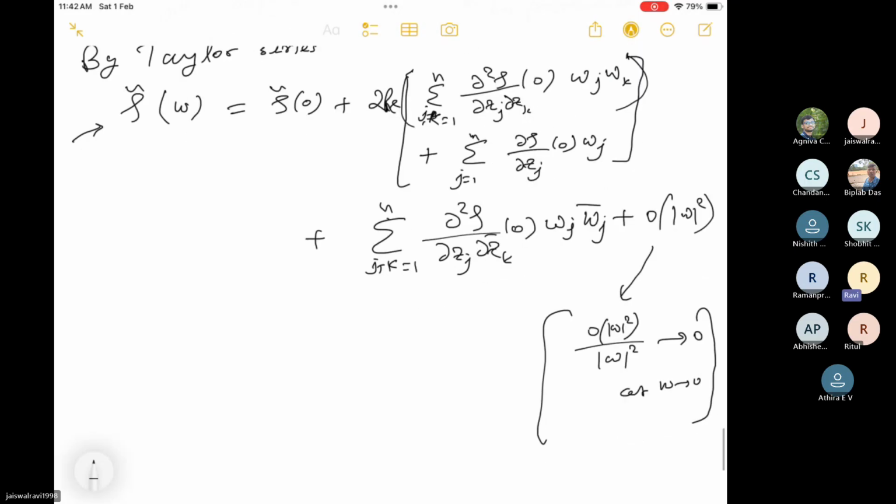Now we also know that 0 is a point of the boundary of omega, so this is 0.